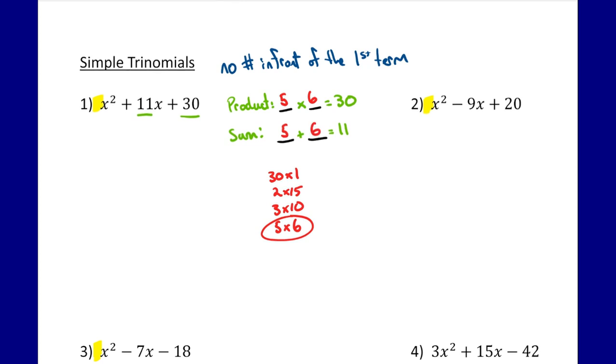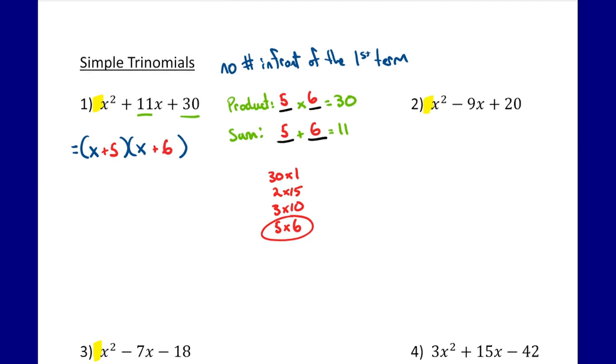So once we find those two numbers, we're going to create two brackets. The first bracket, or the first term, is going to be the square root of what our first term is. So in this case, the x squared, or the x from the x squared. And the second term is just going to be the two numbers that we found. So in this case, it'll be a plus 5 and a plus 6.